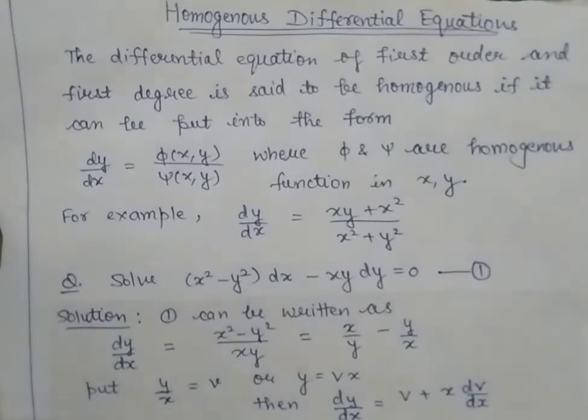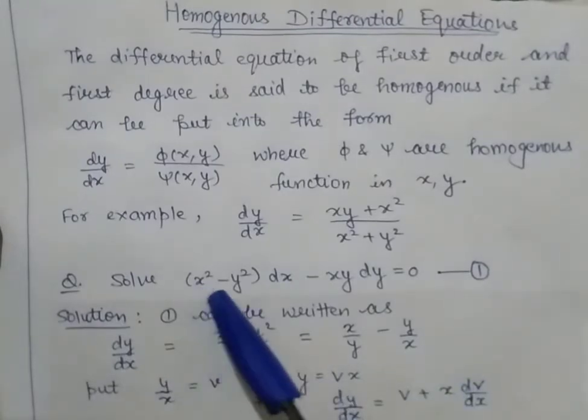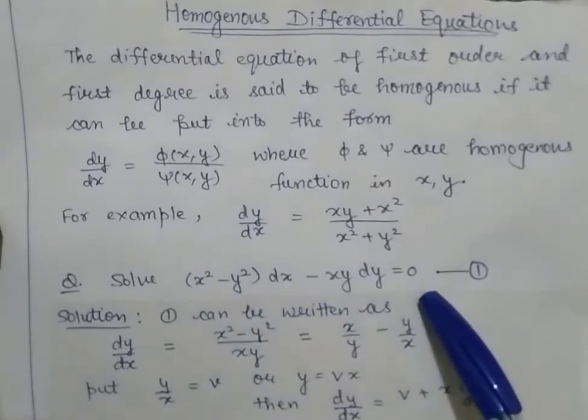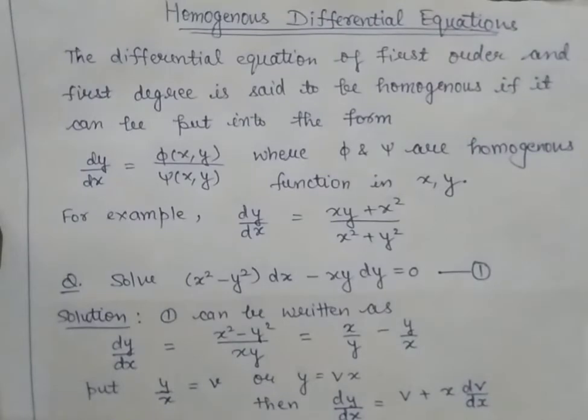Now we will see an example of a homogeneous differential equation. Question: solve x square minus y square dx minus xy dy equal to 0. First of all, we write this equation in the form dy by dx equal to phi of xy divided by psi of xy.